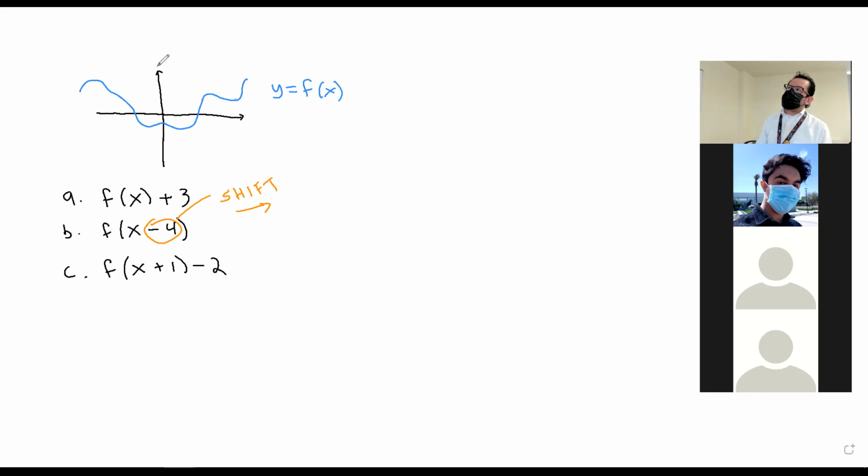In this case, I can take the 0 reference point. Now I can take this point here, for example. I don't know the value, but I do know that now that point is going to be moved 4 units to the right. So let's say that the 4 is here. I'm going to exaggerate a little bit.